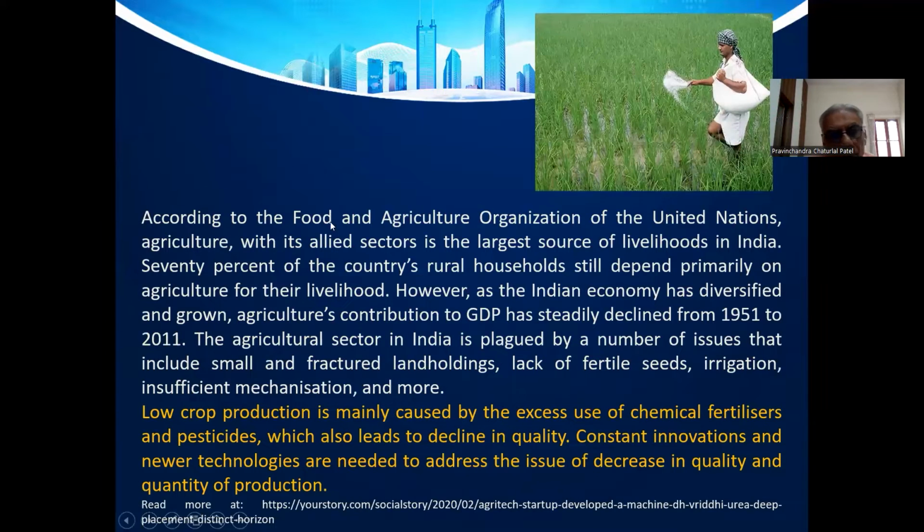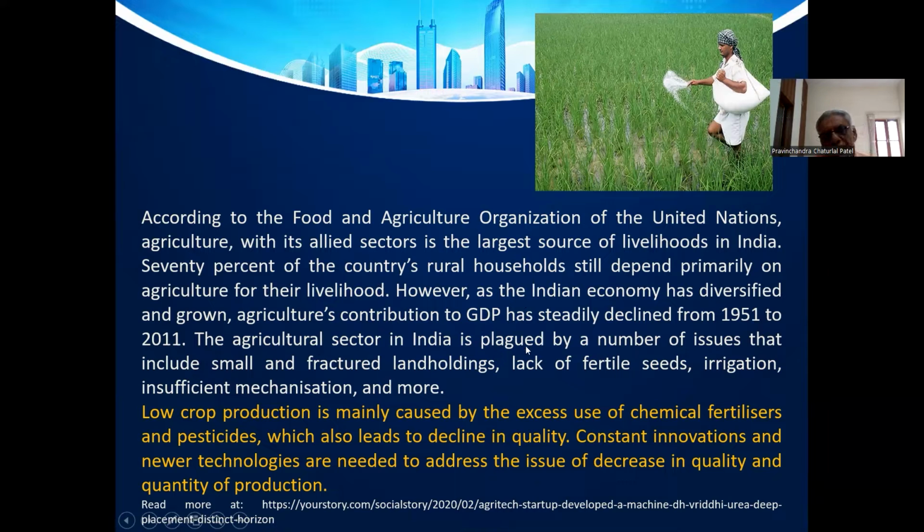According to the Food and Agriculture Organization of the United Nations, agriculture with its allied sectors is the largest source of livelihoods in India. 70% of the country's rural households still depend primarily on agriculture for their livelihood. However, as the Indian economy has diversified and grown, agriculture's contribution to GDP has steadily declined from 1951 to 2011.